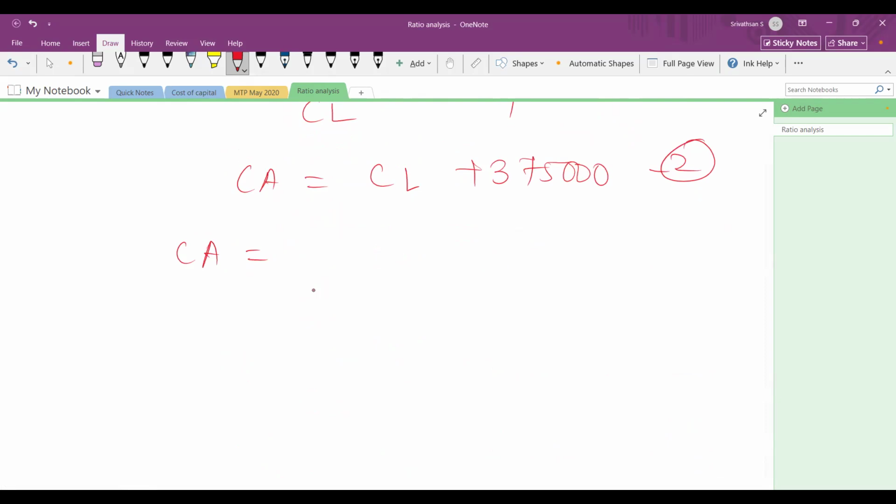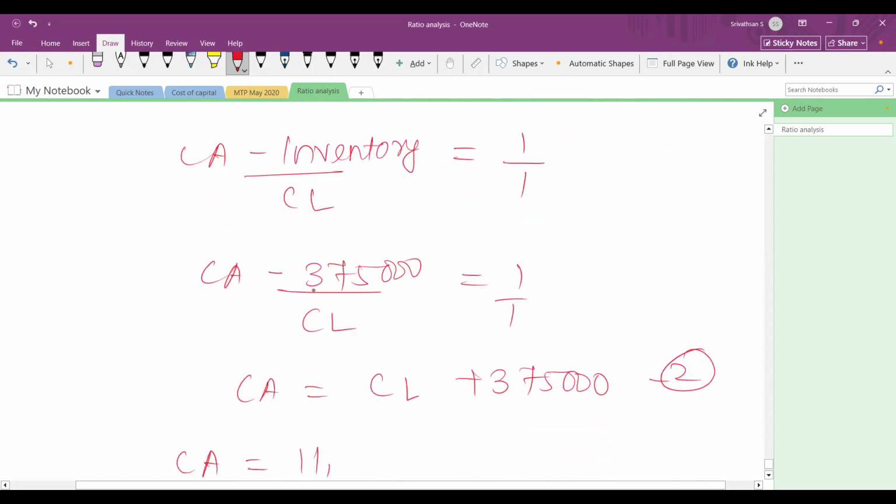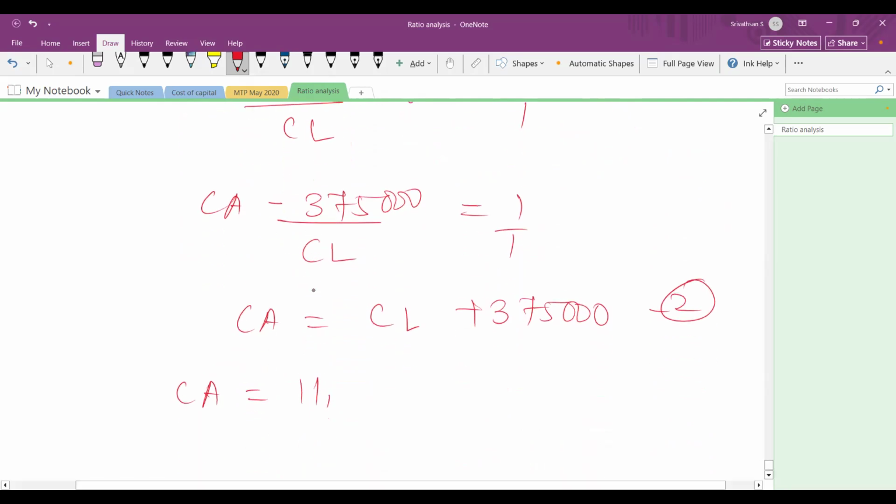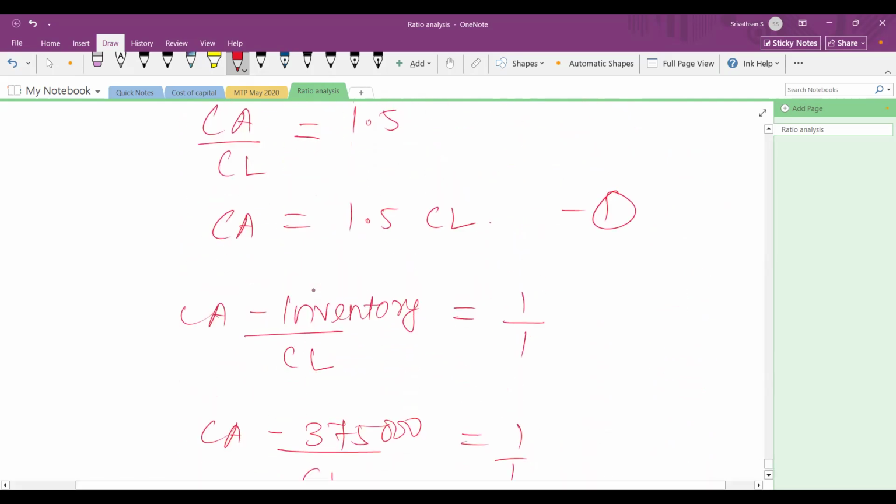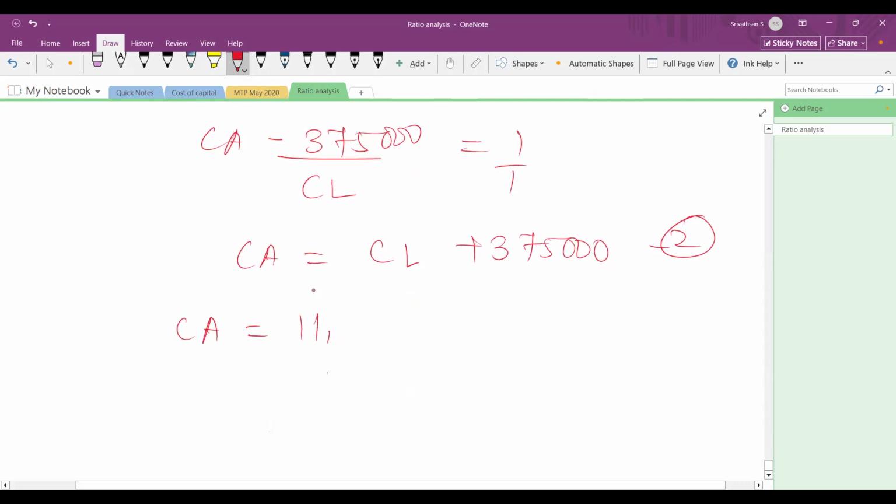It is of no use actually in this question. Everyone getting 11? How 11 lakh 25,000? Oh, 0.5 by. No, it is 7 lakh 50,000. 7 lakh 50,000. Okay, sorry. Into 1.5 makes sense. So 11 lakh 25,000 is current asset.